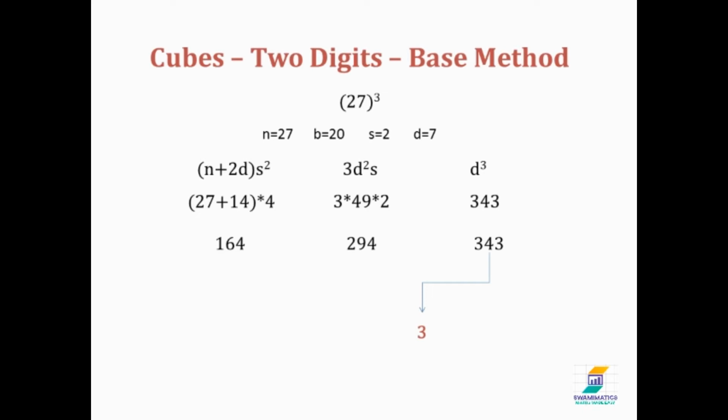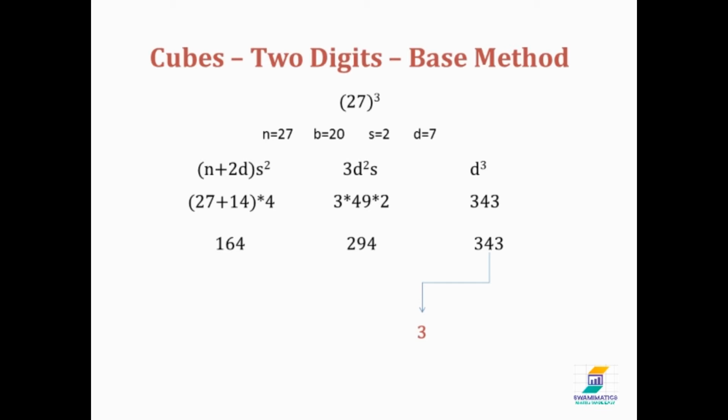So while arriving at the answer, what do we do? From each term, we take one digit. In this case, since the base is a number with 1 zero, we take one digit at a time. But if the base is with 2 zeros, we will take 2 digits. And if the base is with 3 zeros, we will take 3 digits.